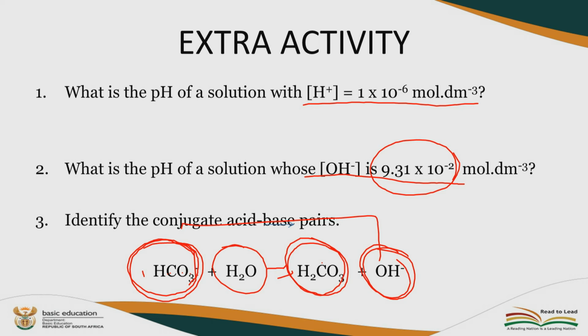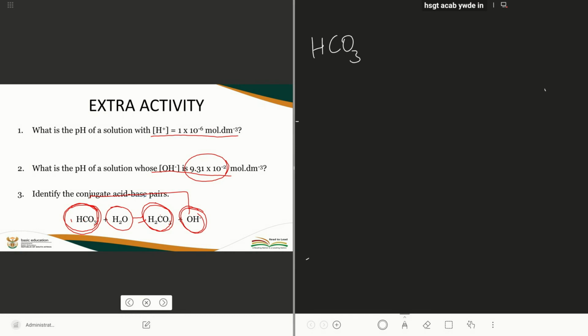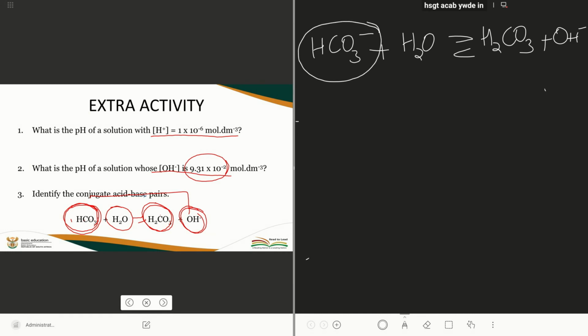In this case, we have HCO3 minus plus H2O, giving you H2CO3 plus OH minus. Now, looking at this reaction, the HCO3 minus, when it reacts with water, the only thing that makes them different from this one is one hydrogen.